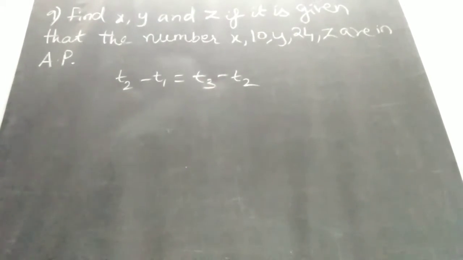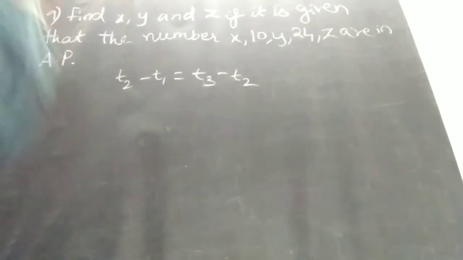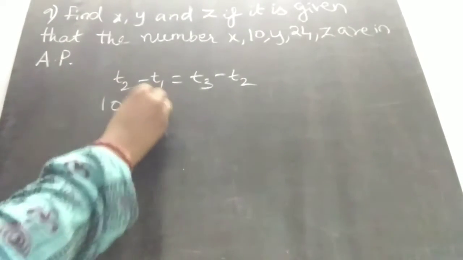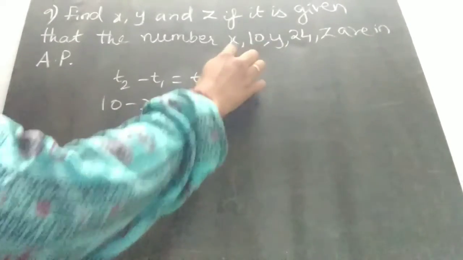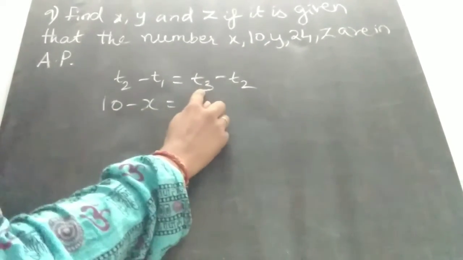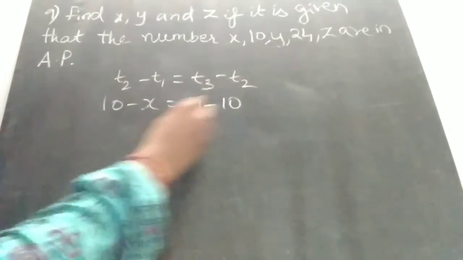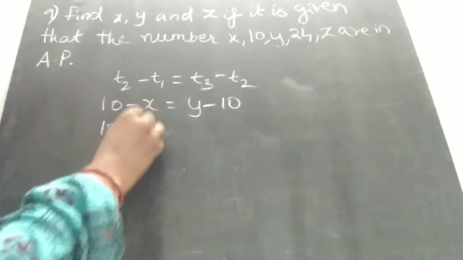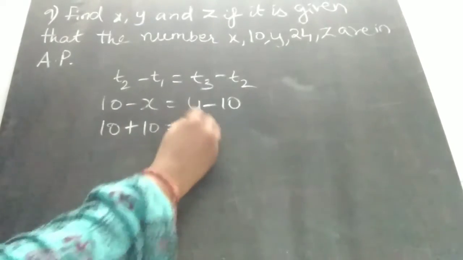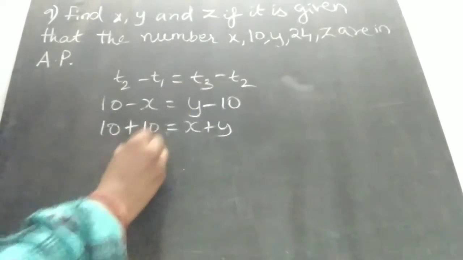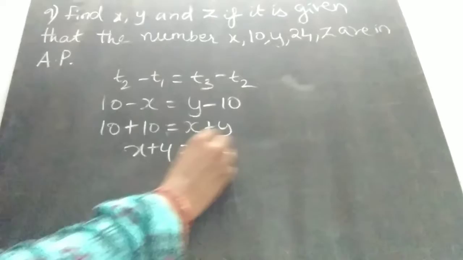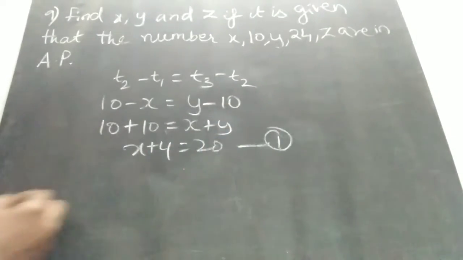The terms are equal, so we equate them and find x, y, z. Here 10 minus x is T2 minus T1. Next, T3 minus T2, that is y minus 10. So club the numbers, 10 plus 10, variables on the other side, x plus y. So x plus y is equal to 20. Let it be your first equation.